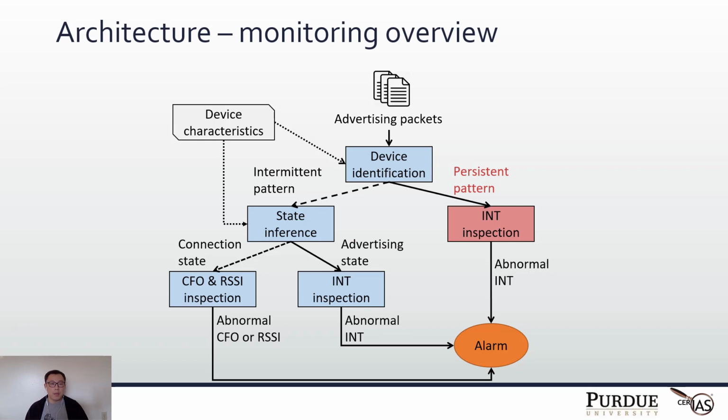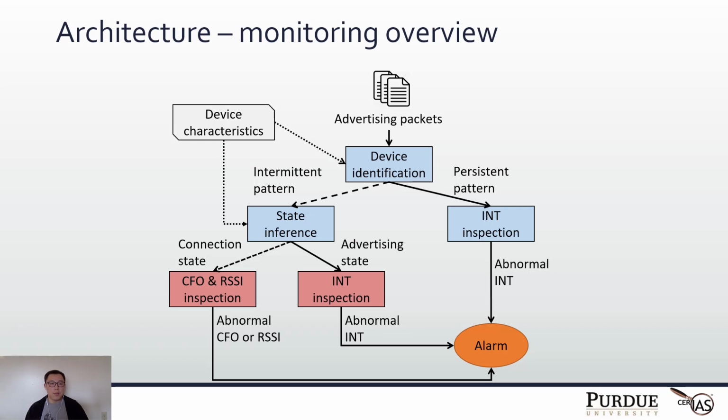On the other hand, if the device uses the intermittent advertising pattern, which means the device does not advertise in connection state, then BlueShield infers the current state of the device, and based on the current state, it uses a different inspection mechanism.